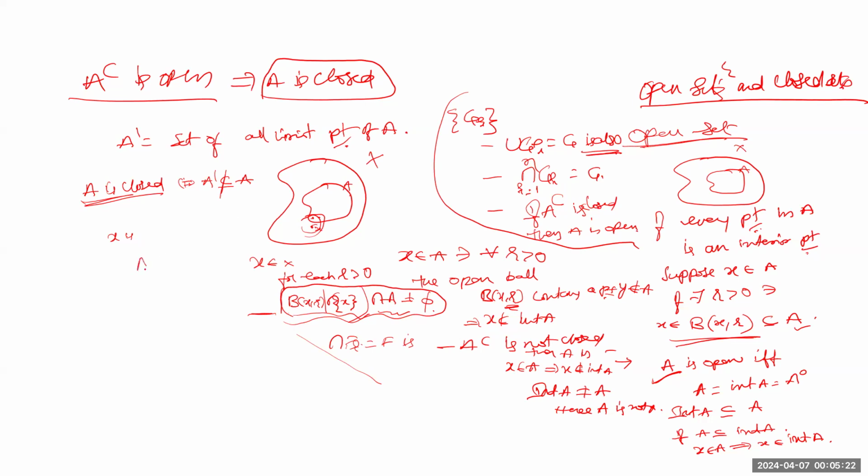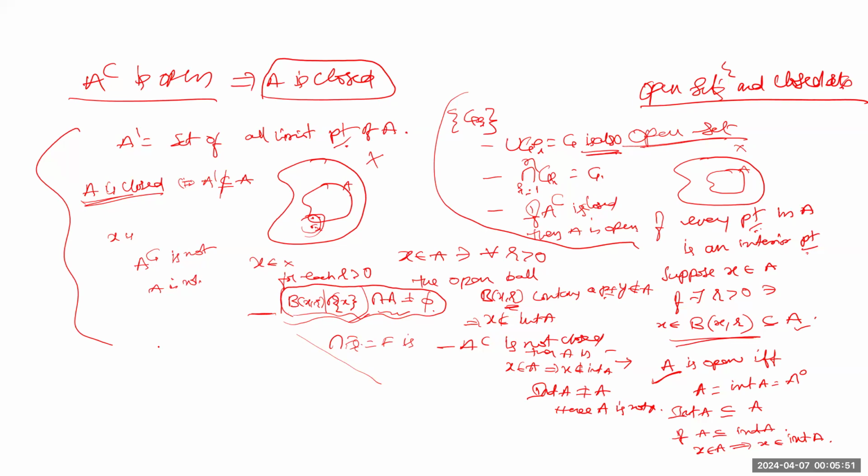And similarly, if the A complement is not open, then A is not closed. So all these are the possibilities to show that the given set A is either closed or not closed. Please refer to the material I uploaded in my learning. It is easy to understand.